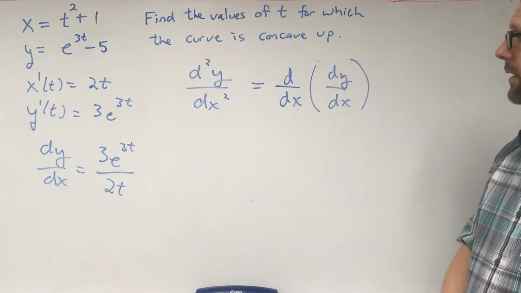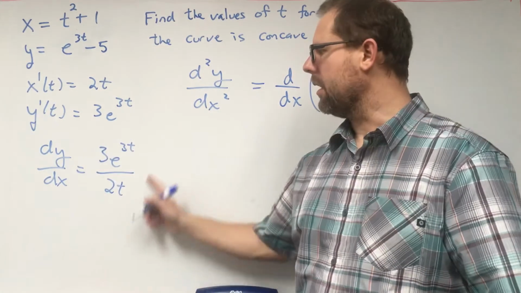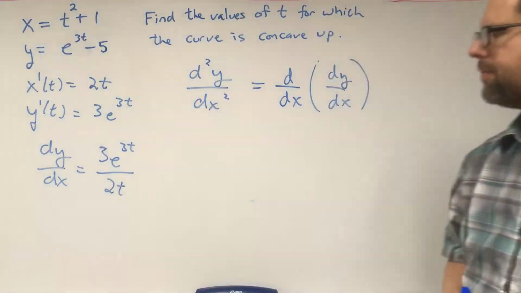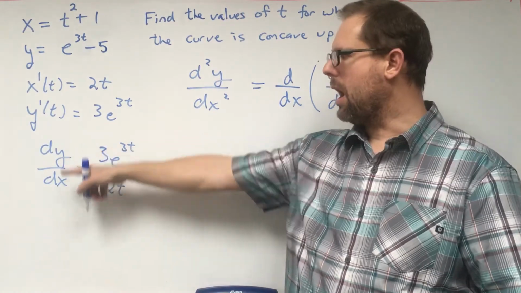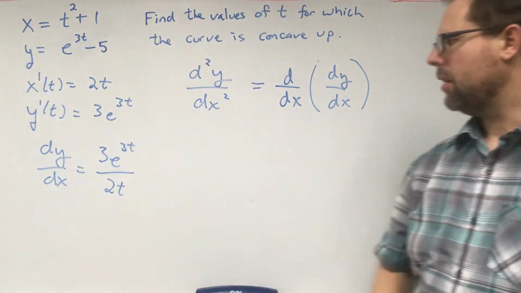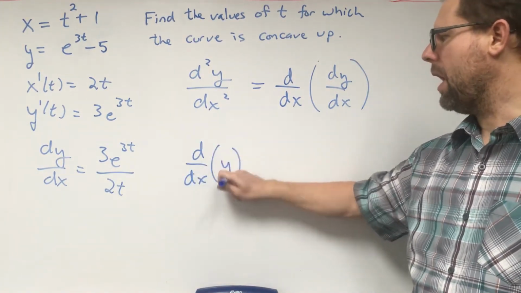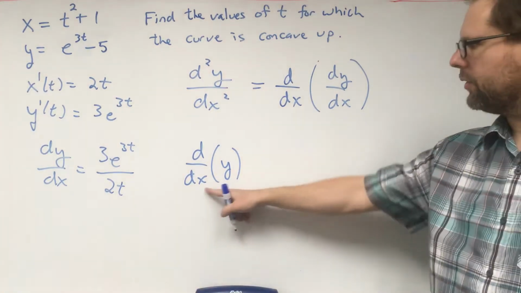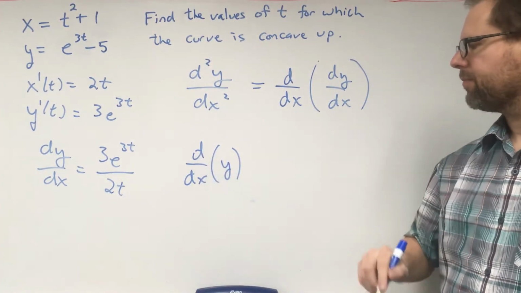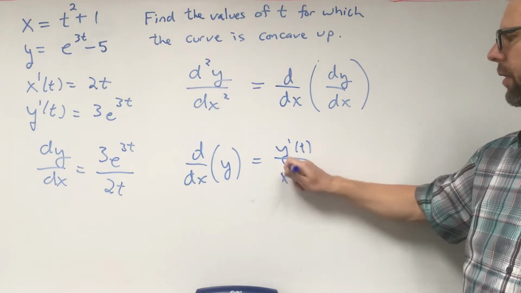Now we learned how to differentiate something with respect to x and got a formula with t values previously. When we had to differentiate y with respect to x, we used y prime of t over x prime of t. So the derivative of y with respect to x, and this is just another way to write dy dx, that turned out to be y prime of t over x prime of t.